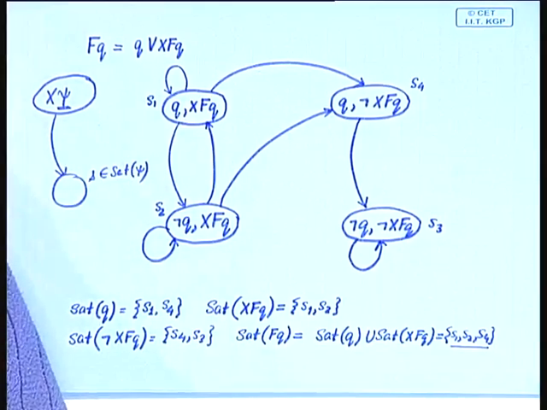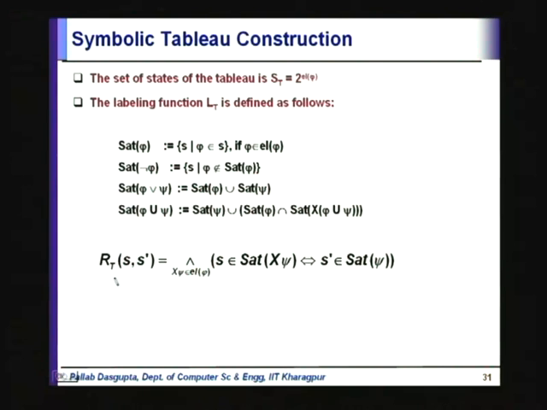So, that is what this picture tells us, that this transition relation consists of those transitions from S to S dash such that S belongs to SAT of X psi and S dash belongs to SAT of psi, for all X psi belonging to the elementary subformulas of var phi. Okay. For every elementary subformula which starts with an X, we do this exercise. Is that clear? Right.